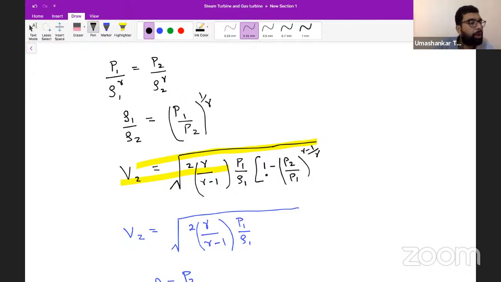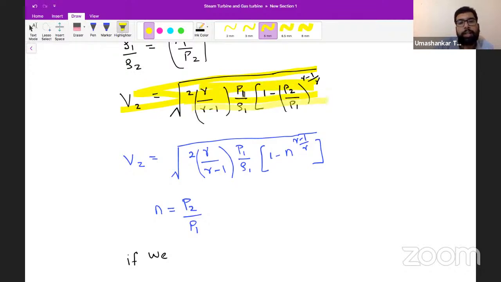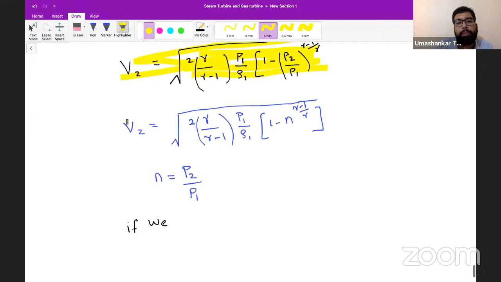So in terms of pressure ratio, we can write it like this: 1 minus n to the power gamma minus 1 by gamma. These two relations are the same; only in the second one I have written it in terms of n.